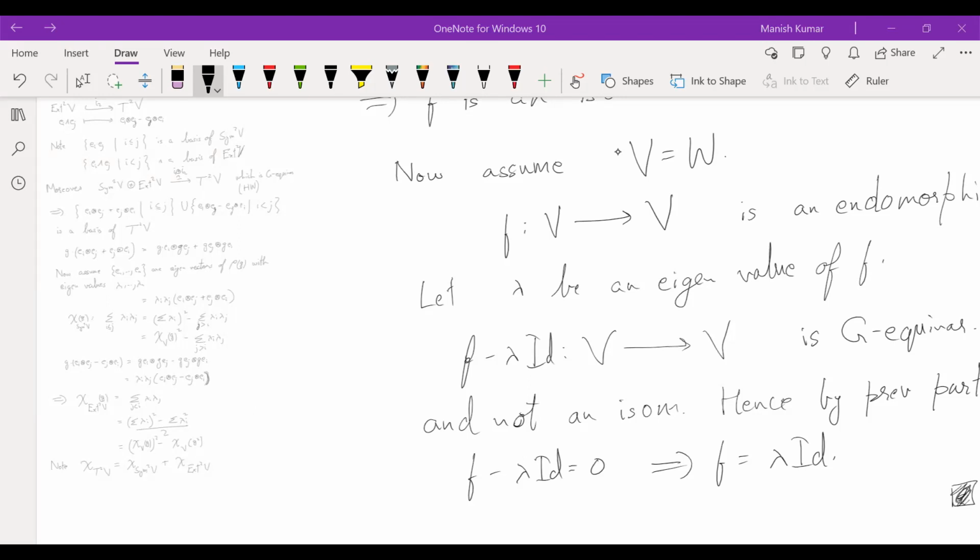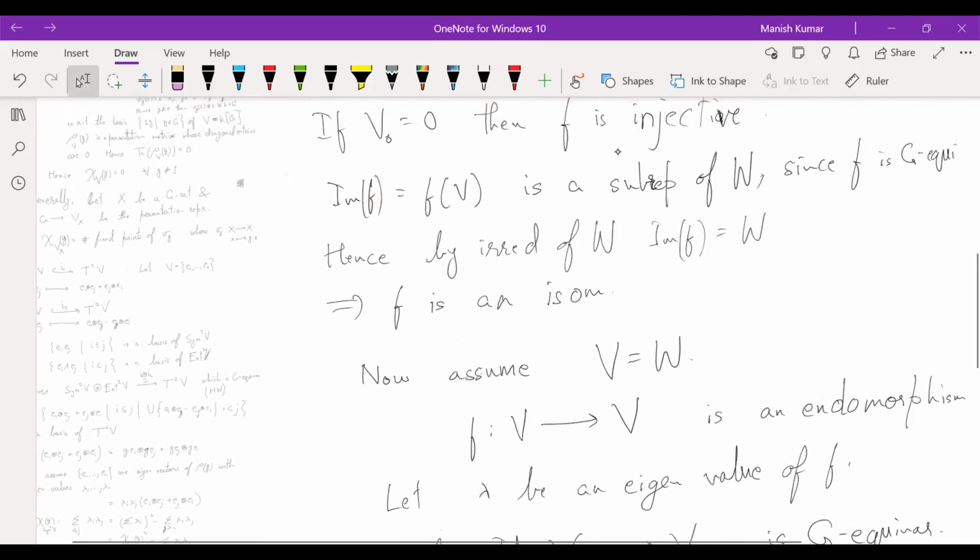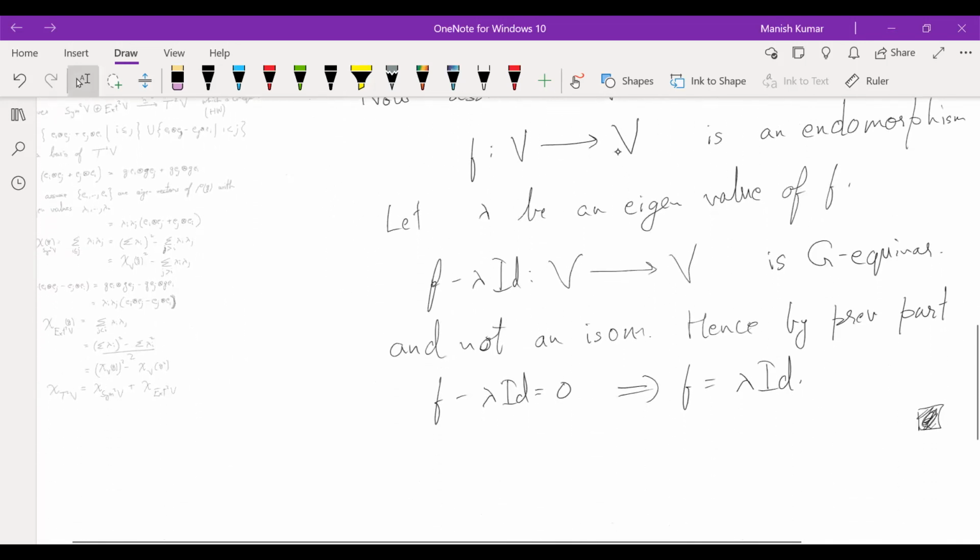It's similar to saying that the kernel is a G-invariant subspace. So it's more or less the same argument, and that is what we are saying.